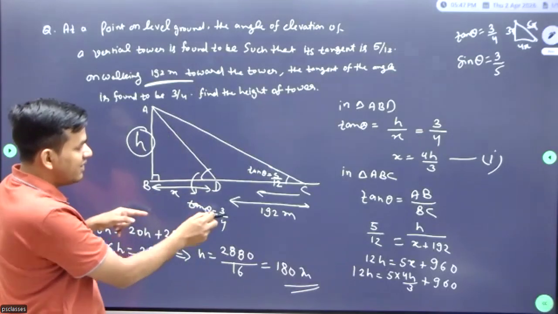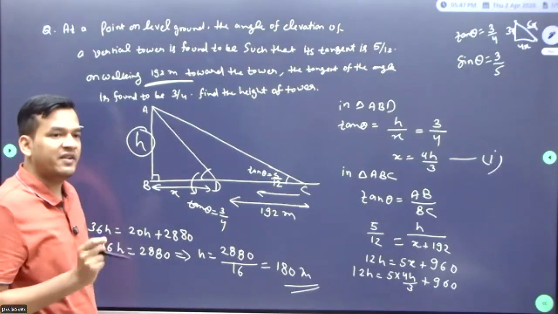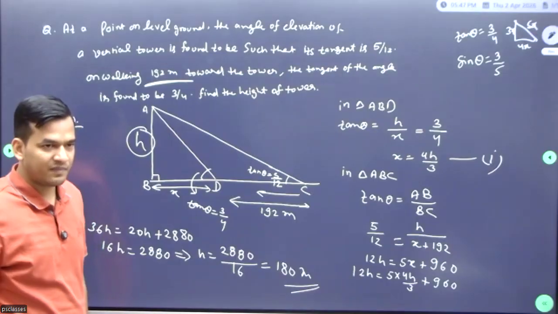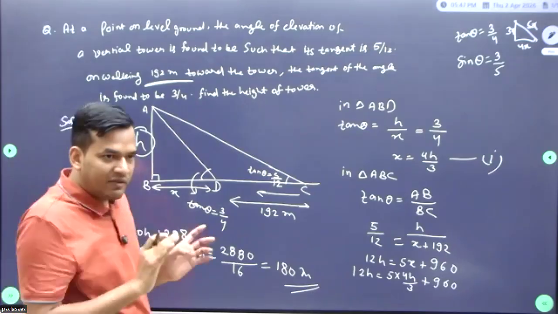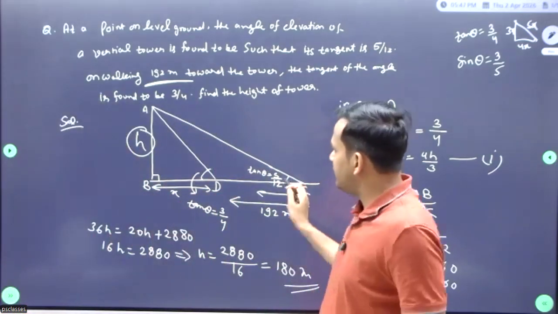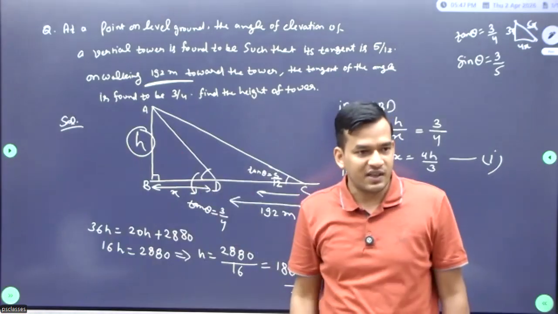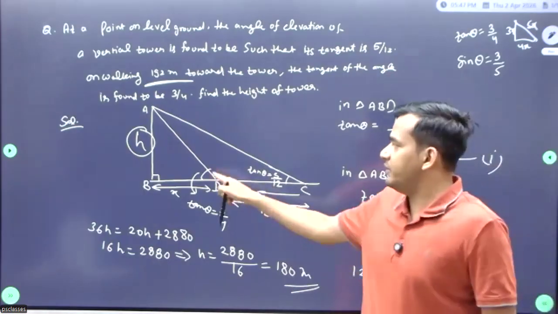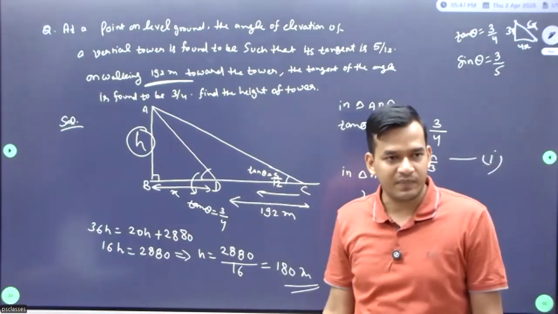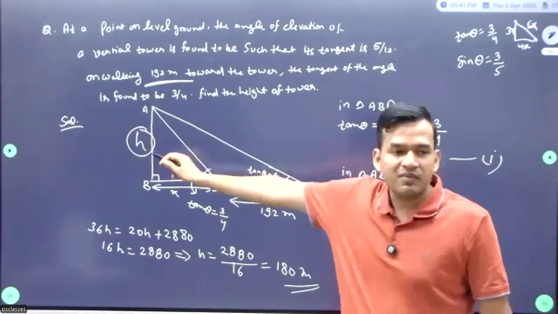So in this case, this will not be equal to 3x. It will be 3y, a different variable. See, the height is constant. The height of the tower is not changing. But for this case, you have to assume 5x, and for this case, you have to assume 3y. 5x and 3x are not equal. So that's why you have to take a different variable if you're taking 5x and 3y. So instead of taking 5x and 3y, I have taken h.